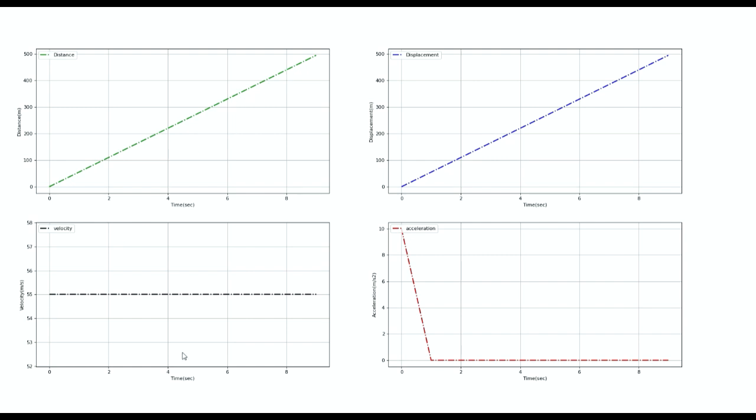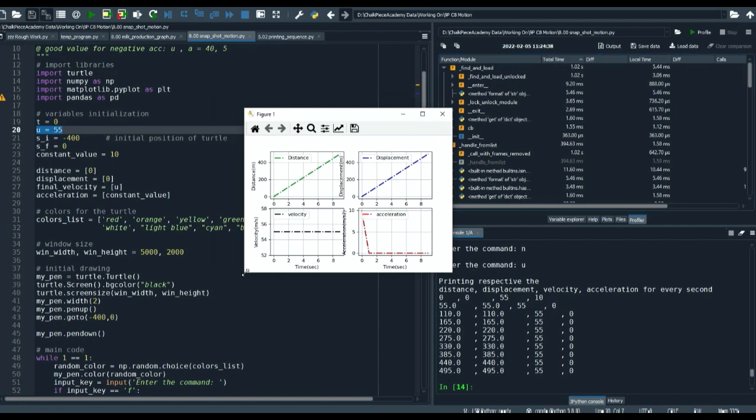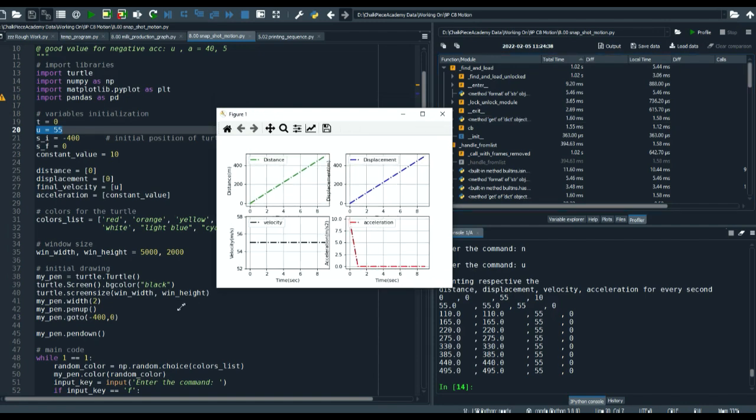And when we look at the velocity time graph, which is same as speed time graph in this particular case, we can see that the value of the velocity is fixed at 55. It's neither increasing nor decreasing. So this example is an example for uniform speed.